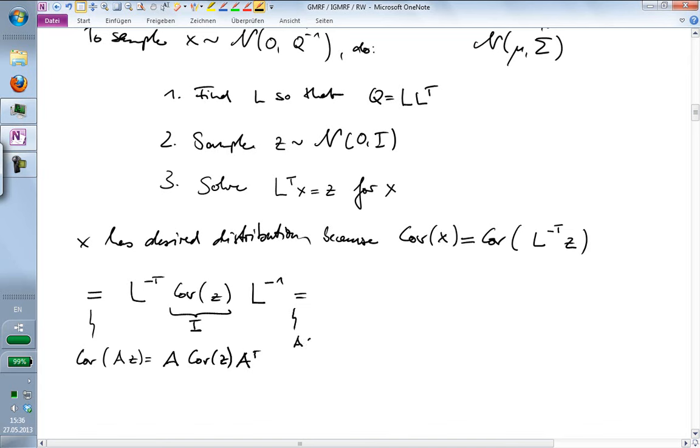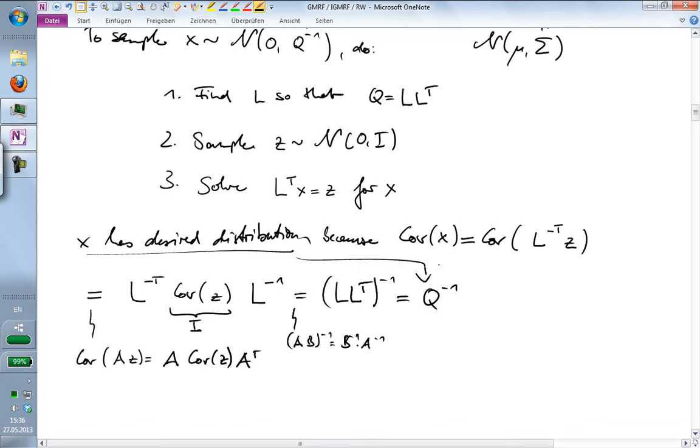And if I take any matrix A times B to the minus 1, this is B to the minus 1 times A to the minus 1. So this is the same as L transpose to the minus 1, which is Q to the minus 1. So we've shown that X has the desired distribution because it has the correct covariance matrix and because it has mean 0.